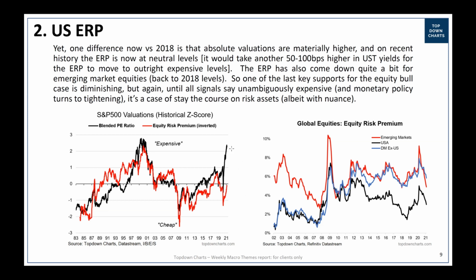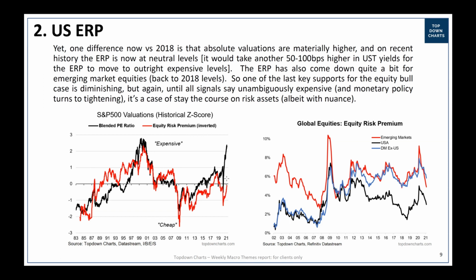I think it's pretty clear-cut that absolute valuations are expensive, but the equity risk premium, which I've been showing inverted, did get down to 1 standard deviation cheap, actually below. Now it's come up to neutral following both market movements and the move up in bond yields. So we're actually neutral there now.